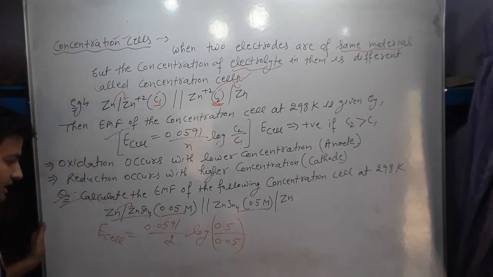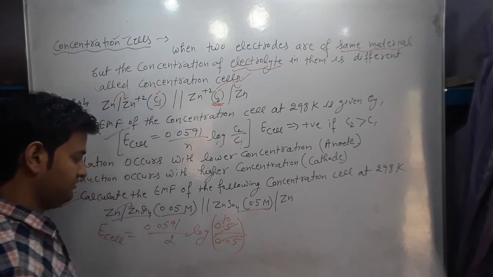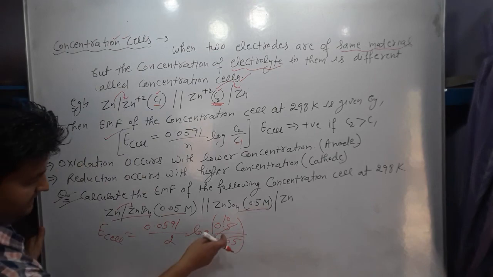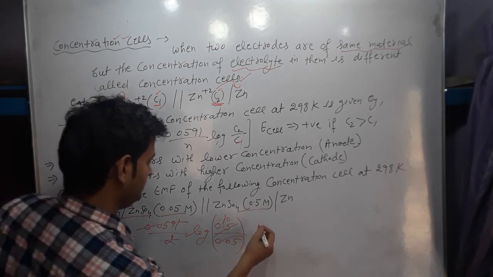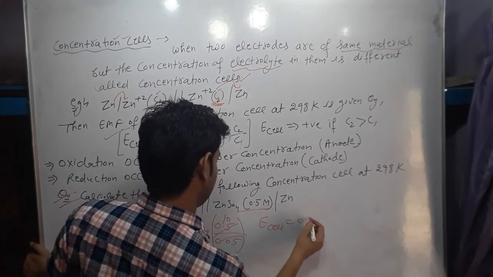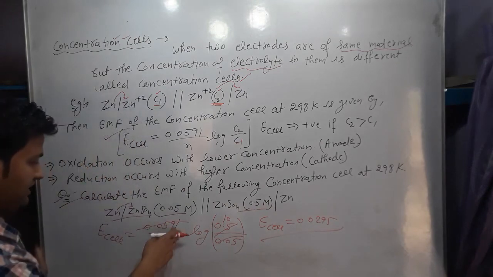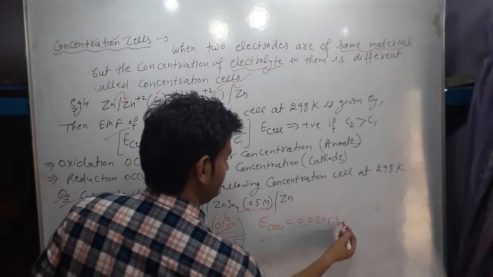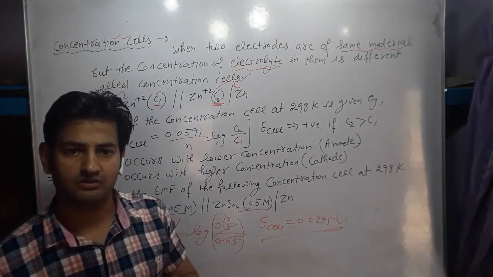So it converts into 10, and log 10 is 1. So the EMF of the cell comes out to be 0.0295 approximately. This is the EMF of the concentration cell given in the question.